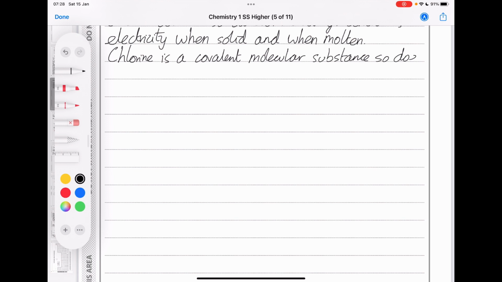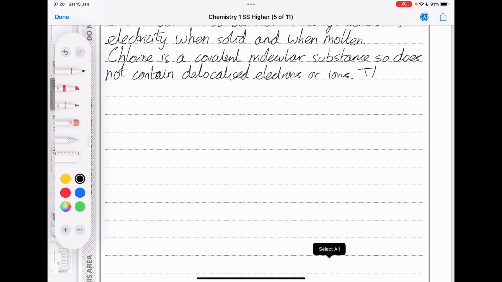So it does not contain delocalized electrons or ions. There are no charged particles.